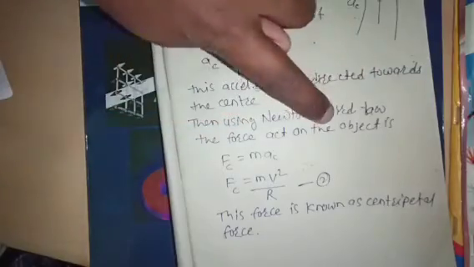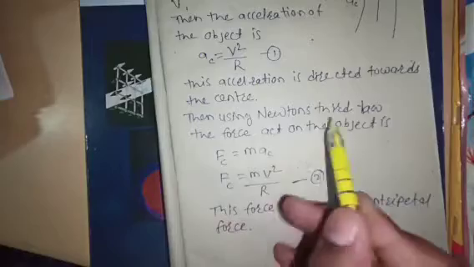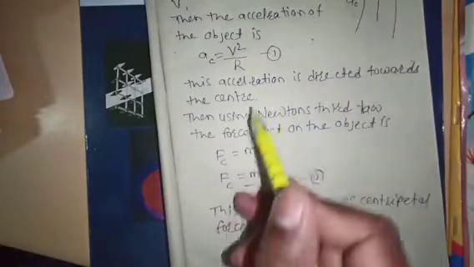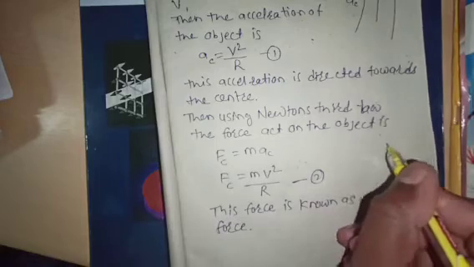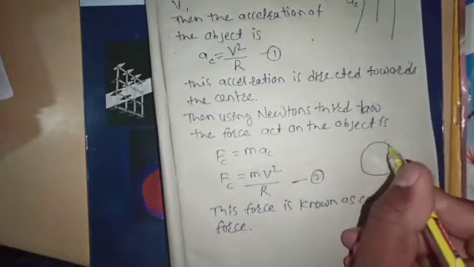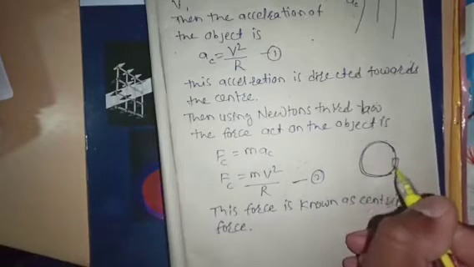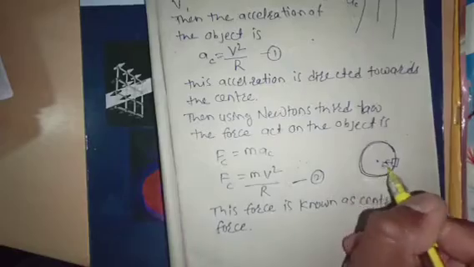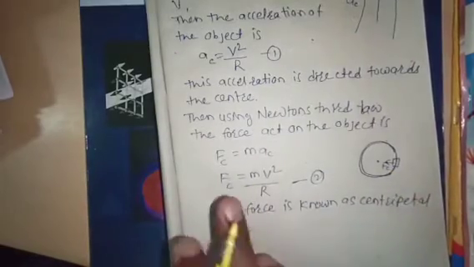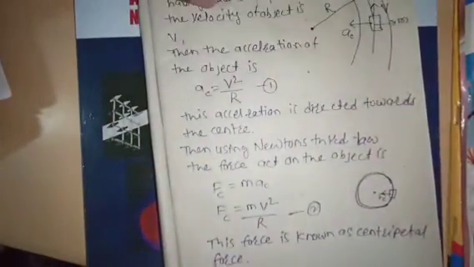So when the object is moving in a circular path, the force acting on the object is towards the center. Acceleration is towards the center, and the force is also towards the center.